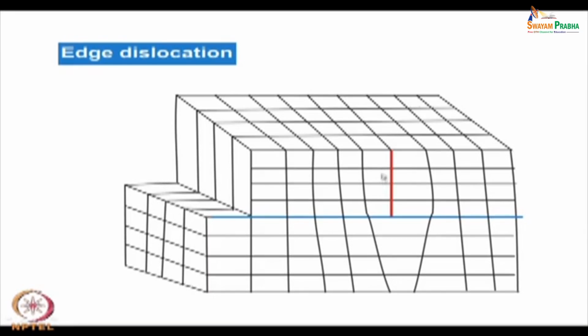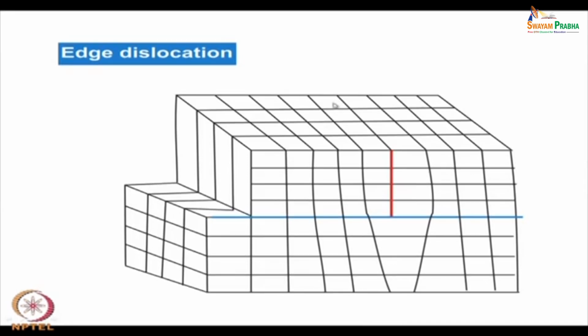So, this is an extra edge of plane, an extra plane of atoms, right. The top part has been compressed, the bottom right part has not been compressed. There may be slight deformations because there is elastic deformation, but there is no plastic deformation so far.